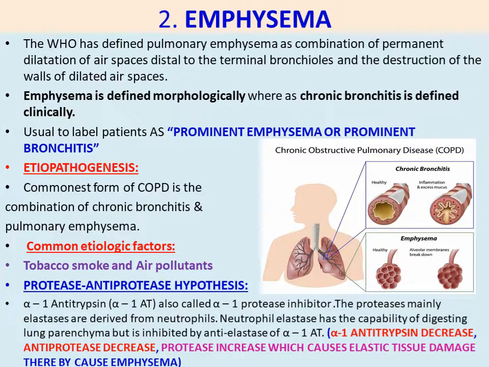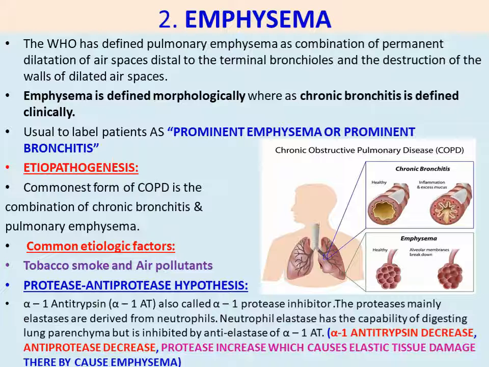Emphysema. So the second disease, emphysema. The WHO has defined pulmonary emphysema as a combination of permanent dilatation of air spaces distal to the terminal bronchioles and the destruction of the walls of the dilated air spaces. Emphysema is defined morphologically, whereas chronic bronchitis is defined clinically.